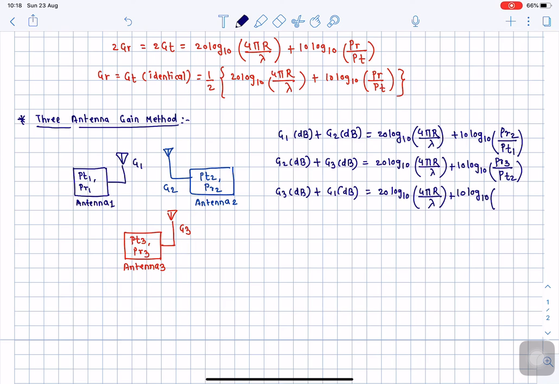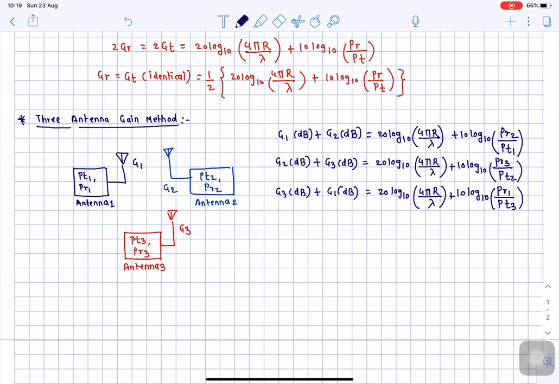Now antenna number 1 is receiving while antenna number 3 is transmitting. If you look at the equations, in the first equation the first antenna is transmitting, in the second equation the second antenna is transmitting, and in the third equation the third antenna is transmitting. Similarly, in equation number 1 the second antenna is receiving, in the second equation the third antenna is receiving, and in the third equation the first antenna is receiving.